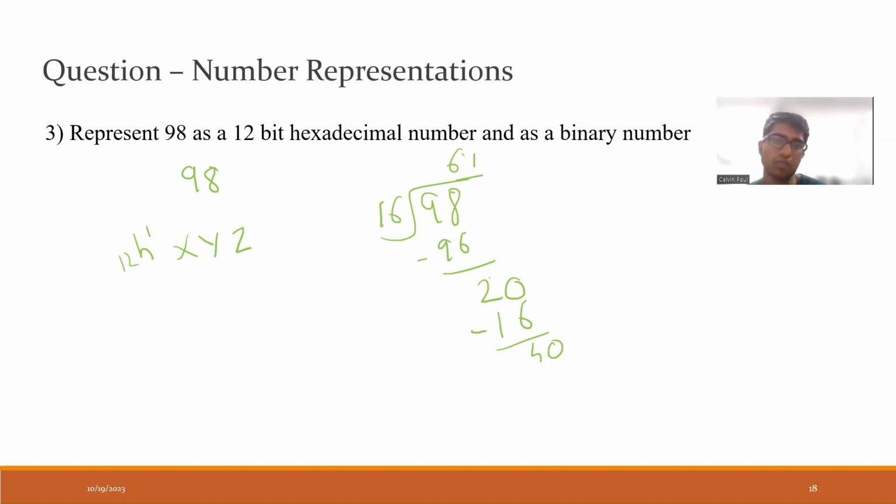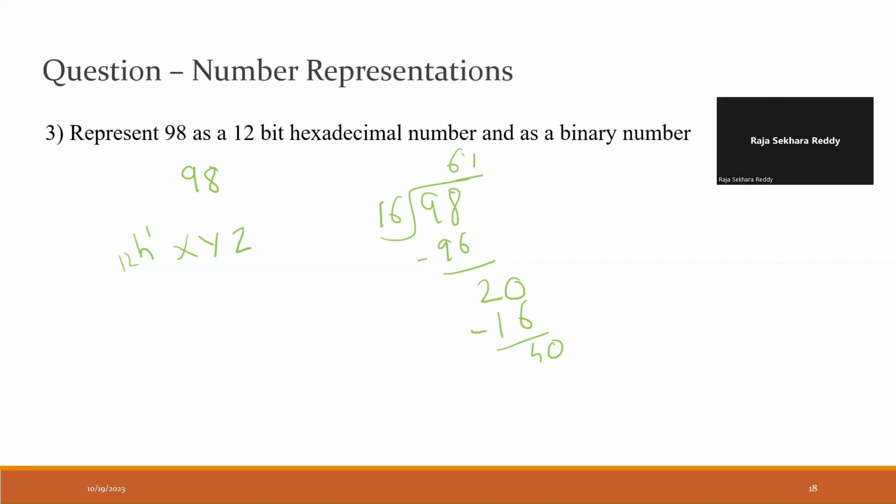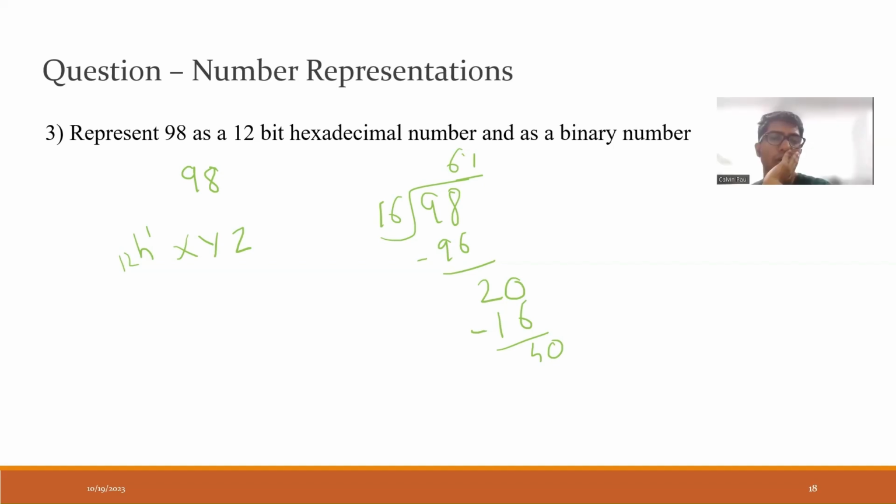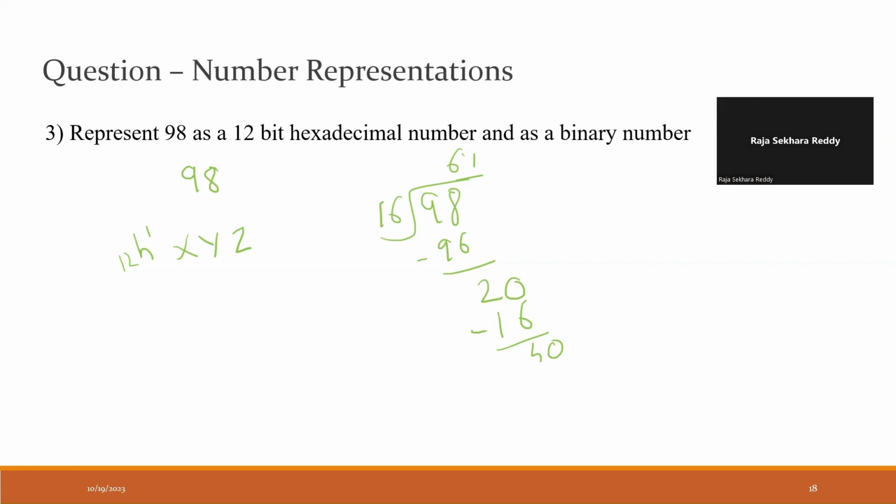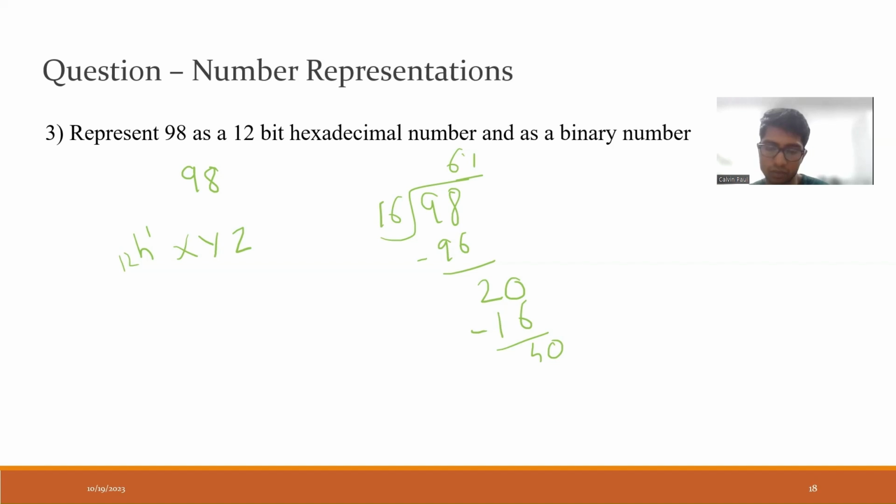I think I'm making mistakes on that. So we divide by 16, we get 6 and the remainder is 2. Okay, so 62H. So it will be 62H.